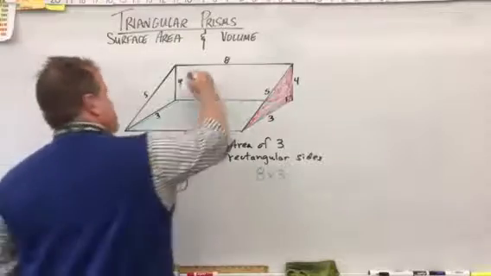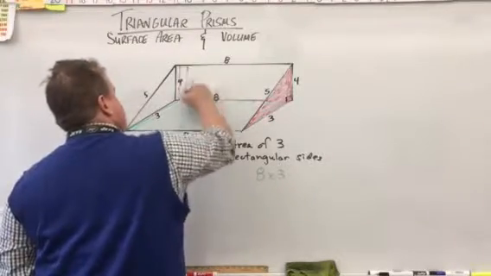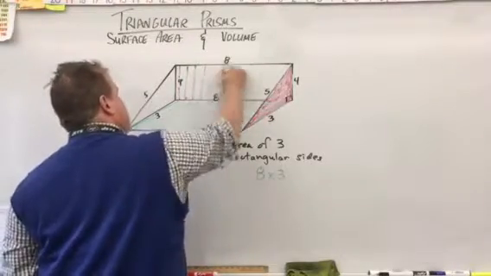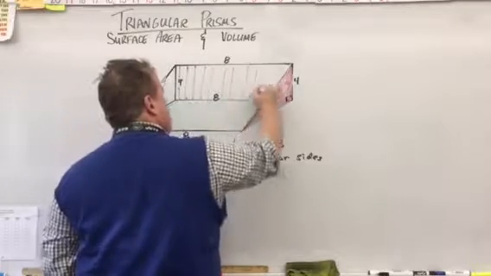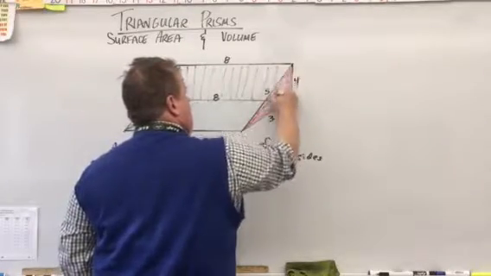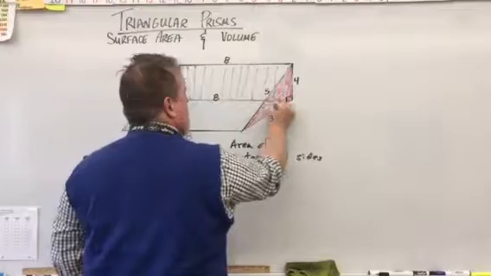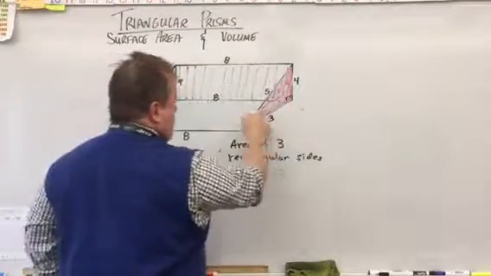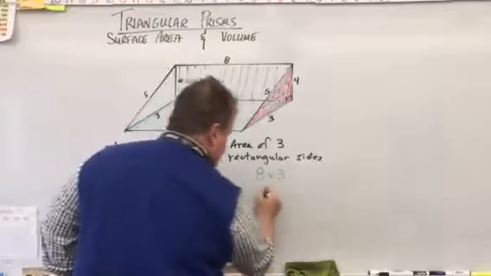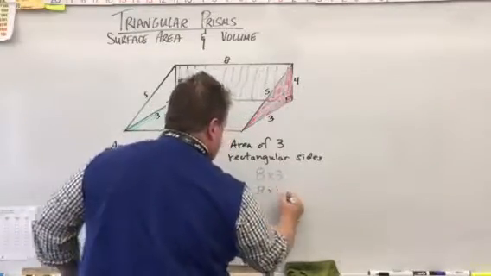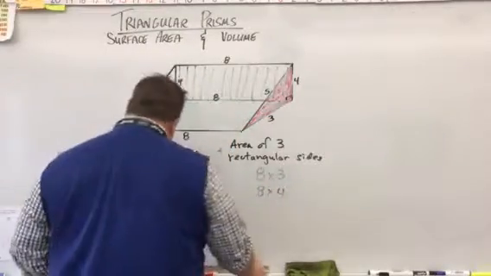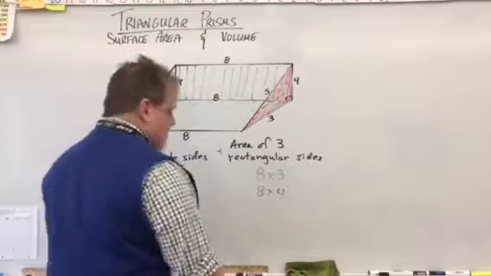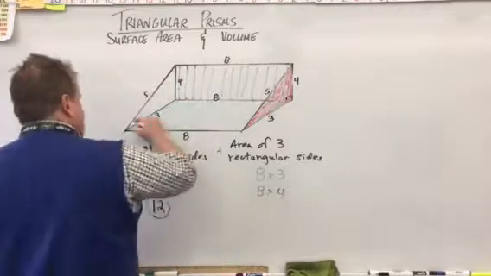The second one, which I'm hoping you can see, is this back rectangle. Which I hope you can see is 4 by 8, or 8 by 4. So that's 8 by 4. And the final rectangle is this one right here.